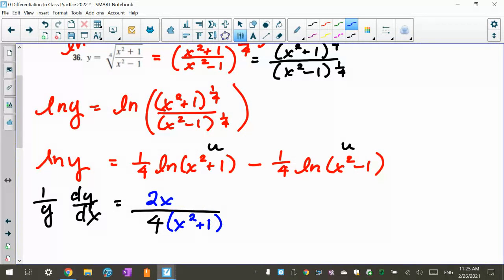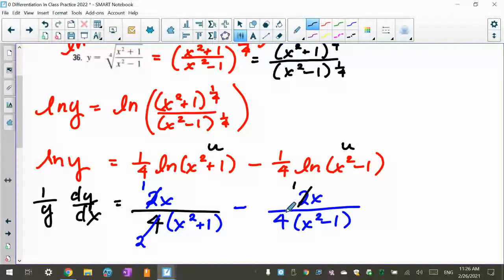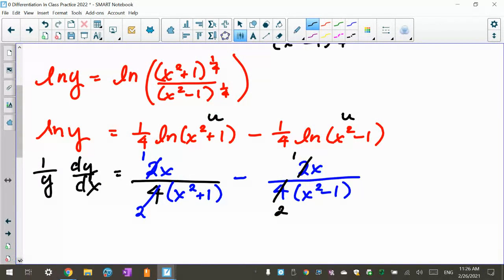So I did 1 over u times u prime in one step, which makes it cool. Now I can see it divides out, minus, ready? I have the same thing, 1 over 4, and then I put x squared minus 1 in the denominator and then multiply by the u prime and throw that on the top. A lot of times you'll see the derivative of natural log is u prime over u. So now I end up with this.